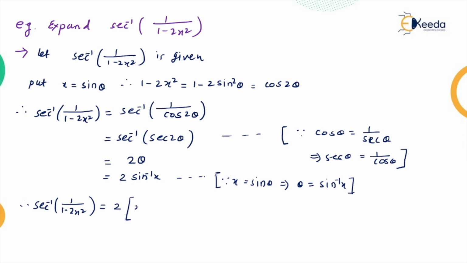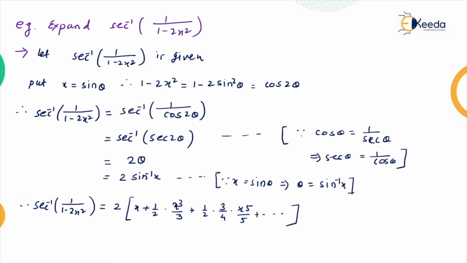Sine inverse x is x plus 1 by 2 into x cube divided by 3 plus 1 by 2 into 3 by 4 into x raised to 5 divided by 5 plus and so on. So this is the required answer of the given example, guys.